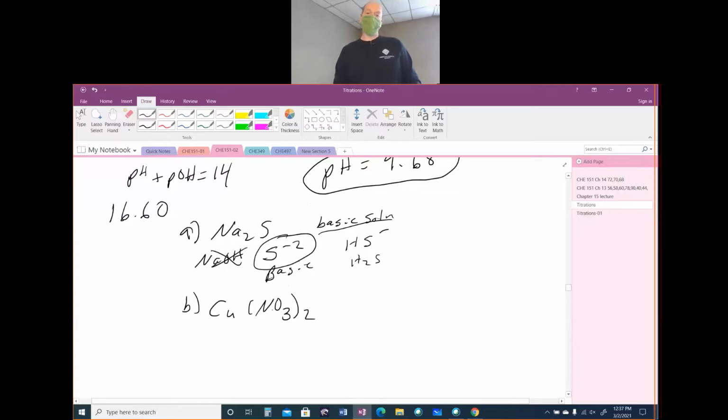What we do know is NO3 minus is the conjugate of a strong acid. This is the conjugate of HNO3, which is one of your 6 memorized strong acids. And so this is extremely weak. So weak, it has zero effect on your pH. So NO3 minus has no effect on pH.